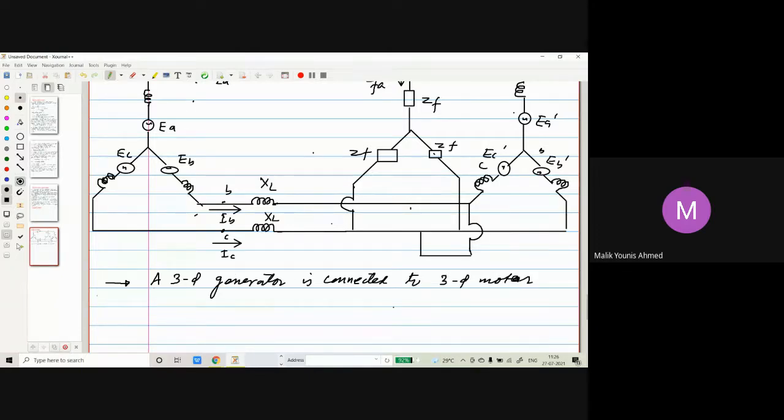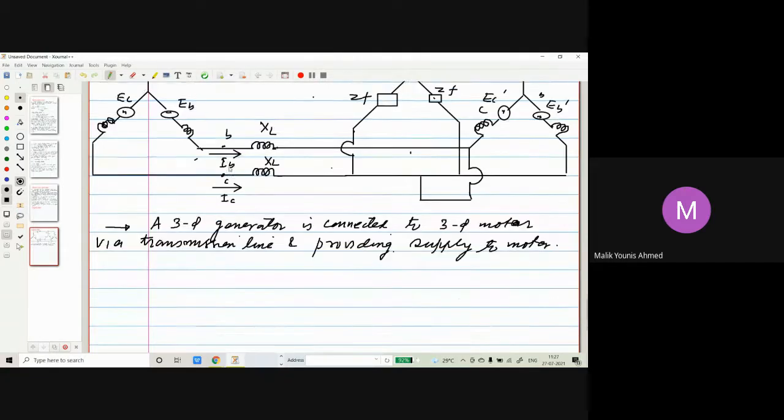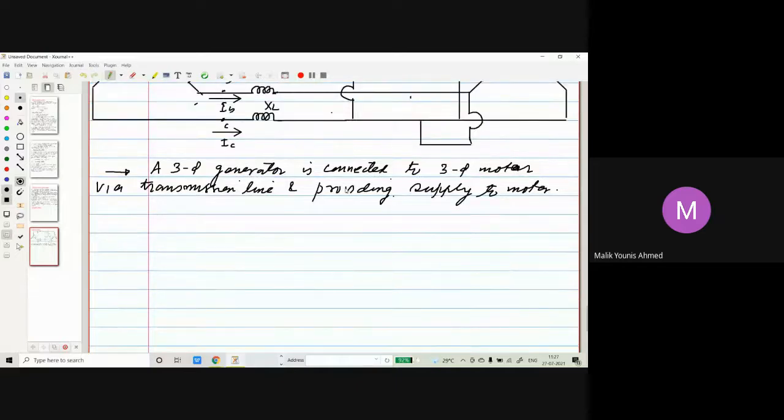Via the transmission line, and it will provide what? Providing supply to the motor. This is a normal three-phase generator supplying electrical supply to the motor, and the motor is running as usual.